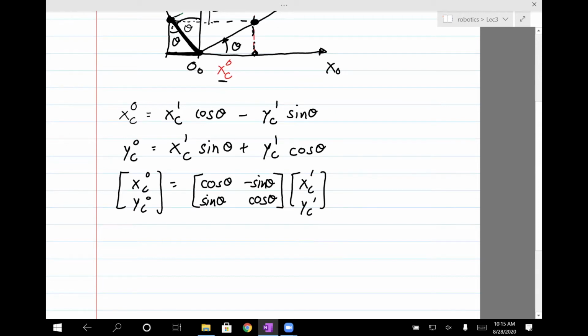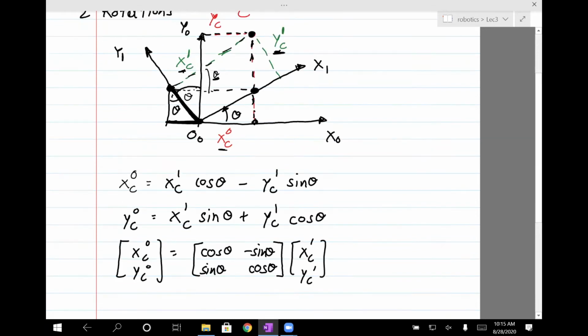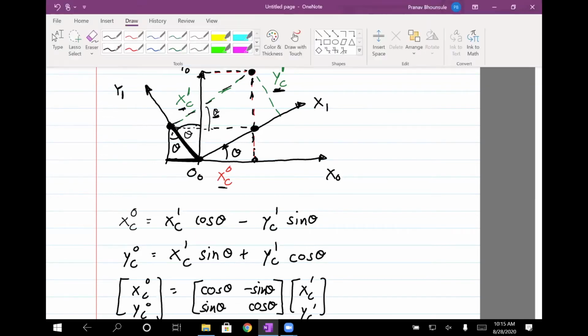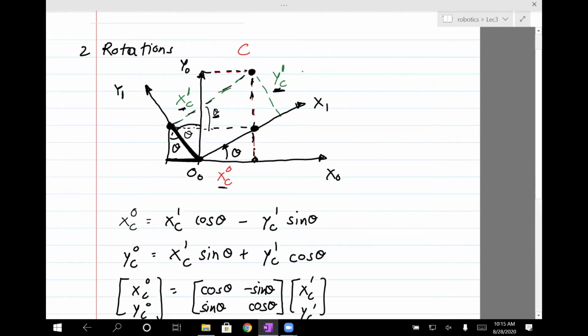Okay, so the question in the chat is that y0c is written in the wrong position. Let me check that. yc0 is, yeah, that's right. So this is yc0. Good catch.